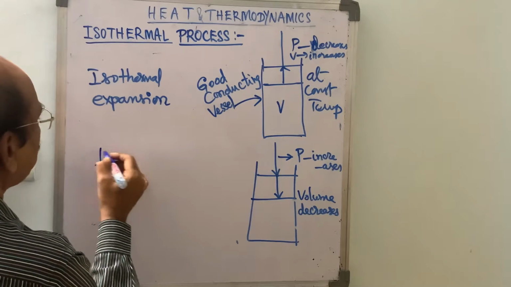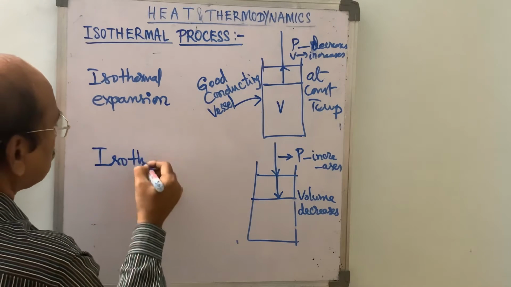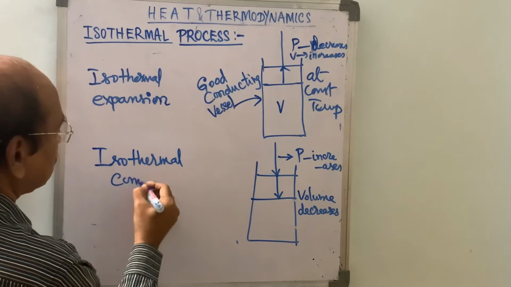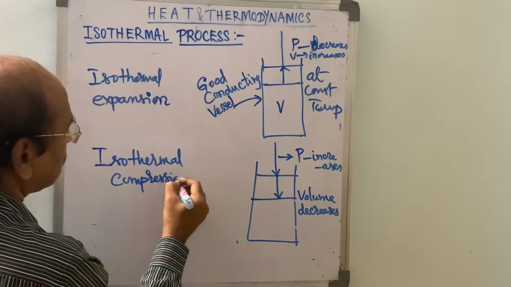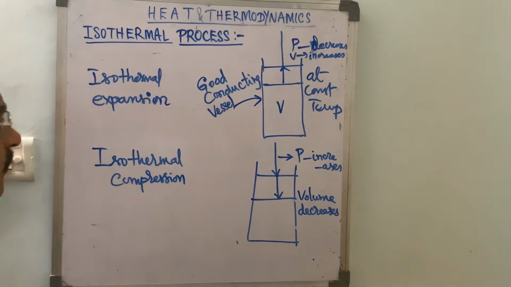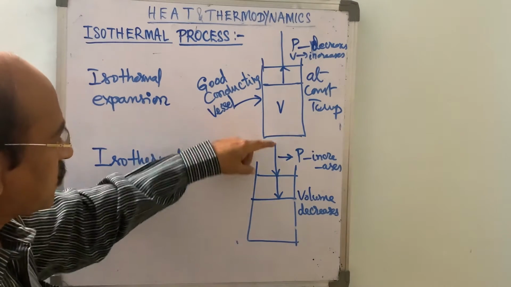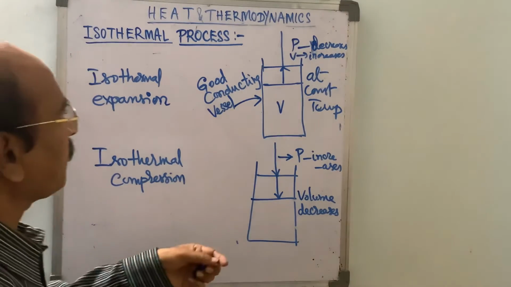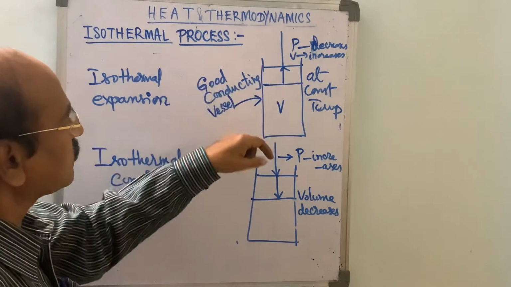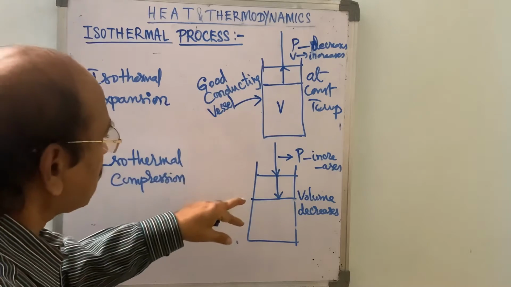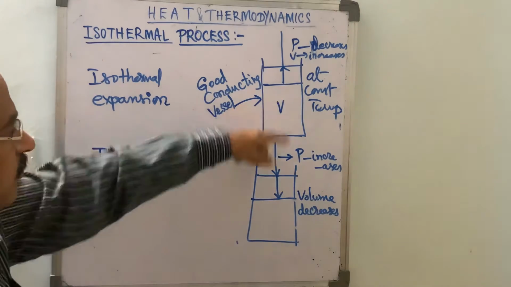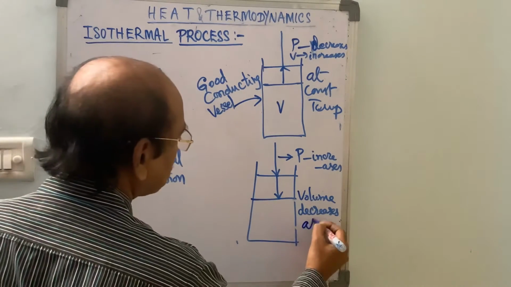This is called isothermal compression. So when pressure increases by pushing the piston inside, volume decreases, and here, as the pressure and volume are inversely proportional to each other, Boyle's law holds good as temperature is constant.